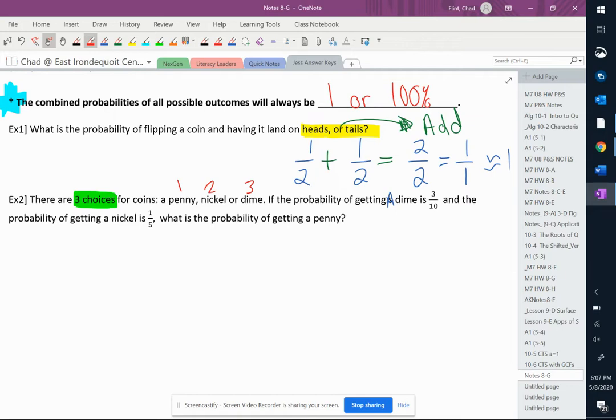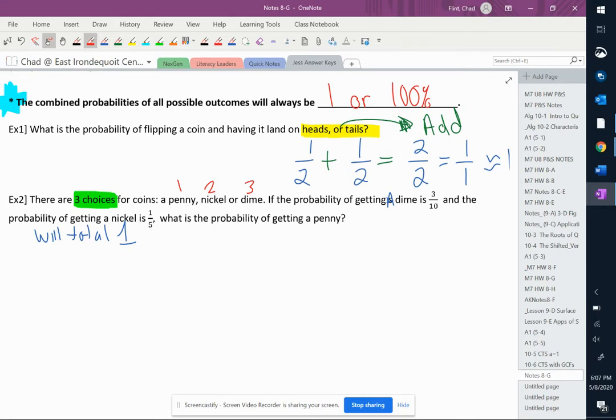So that means if I take the probability of picking a penny, add it to the probability of picking a nickel, and add that to the probability of getting a dime, then I'm going to get 1. So let's make a note that it will total 1.